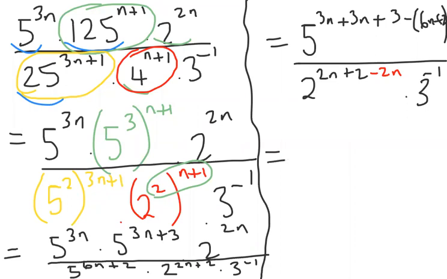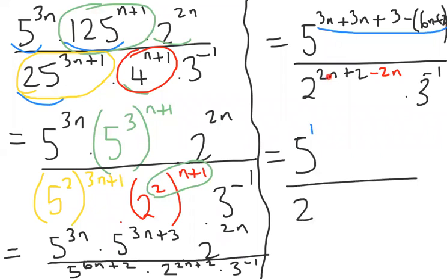Right, so let's see if we can simplify the 5. I'm just going to do everything here in one go. So I'm going to have 5. Here we have 3n plus 3n is 6n. And that's going to be minus 6n, so that's going to be 0. So that's fine. Here we have a 3. That's 3 minus 2. That's going to be 1. So the 5 is only going to have the 1 on top. Divide by, let's do the 2.